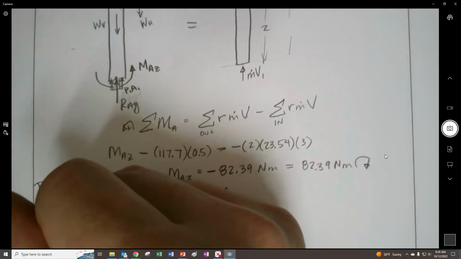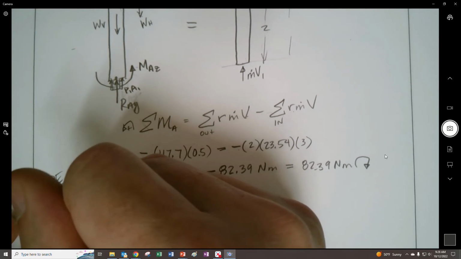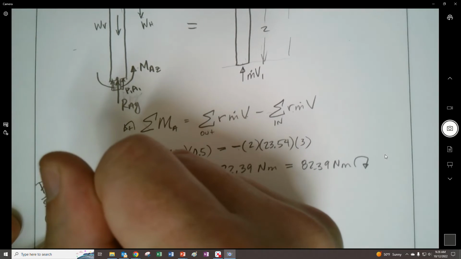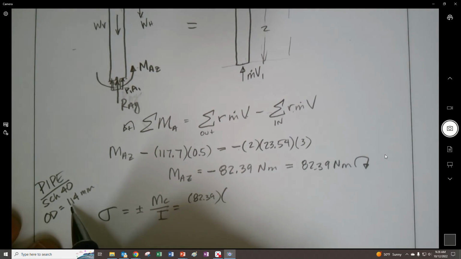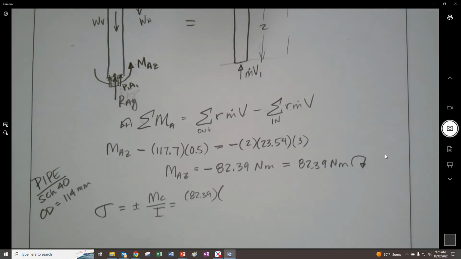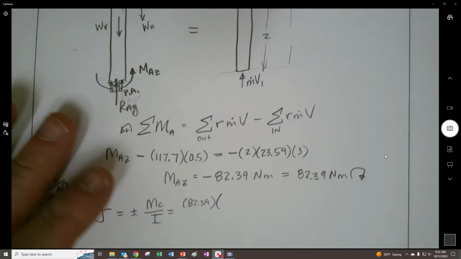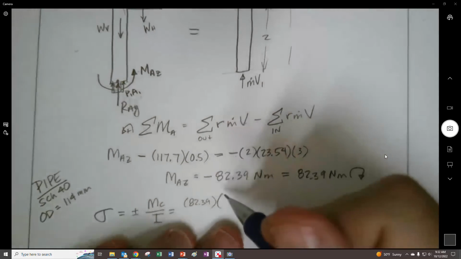So the OD is 114 millimeters. That's a wall thickness of close to 6 millimeters, right? So if you were to subtract that out, the inside diameter is like 102 millimeters. One sec. Okay, cool.